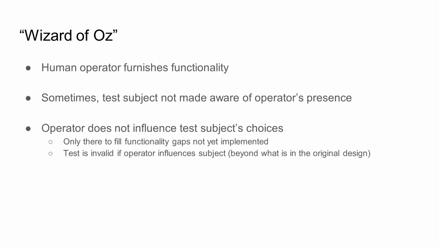If you were to make improvements on the fly, and you can because you're a human, you better be, one, absolutely aware that you're actually making the improvement on the fly, and two, write it down so you remember that you actually made the improvement on the fly and it wasn't part of your original design in the first place. You don't want to be fooling yourself into thinking that your design was perfect because it worked in the test, but in fact, the Wizard of Oz was actually the one who improved it, not your design.